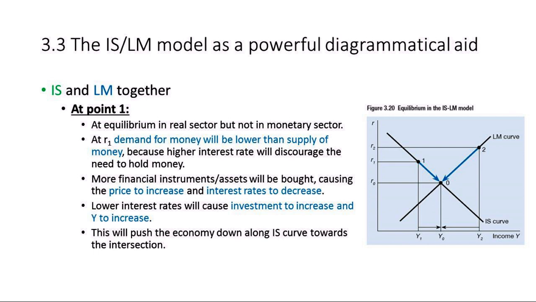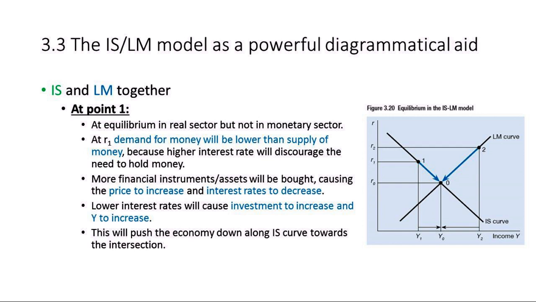So at this interest rate R1, the demand for money is lower than the supply of money. It's a relatively high interest rate, which means that people would rather put their money into financial assets than keep it in cash. And that's typically what happens. The higher interest rates discourage people's need to hold money. They buy financial instruments, causing the price of these instruments to increase and the interest rate to decrease.